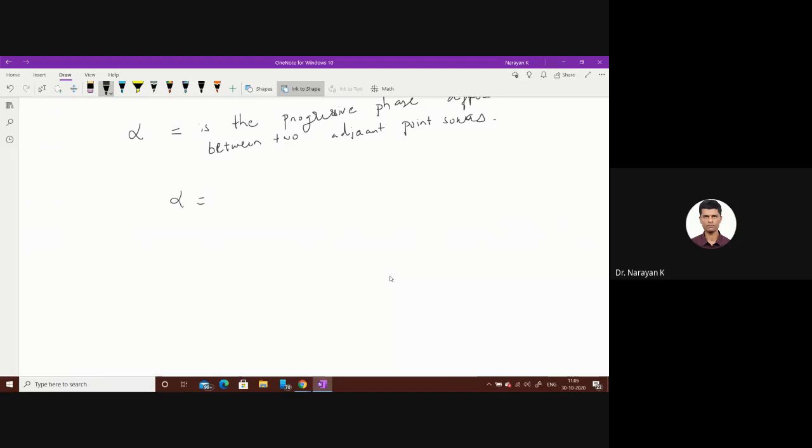Alpha may be 0 degree or 180 degree. If alpha is equal to 0 degree, it implies an n element uniform broadside array.